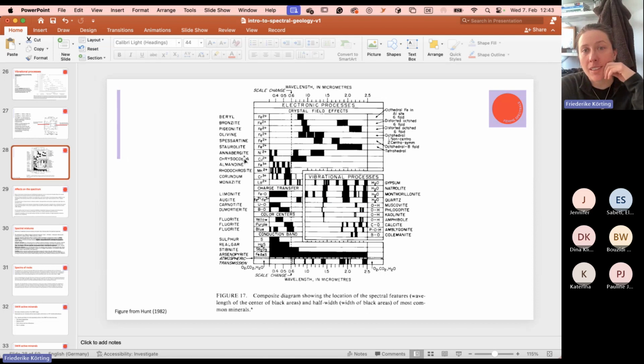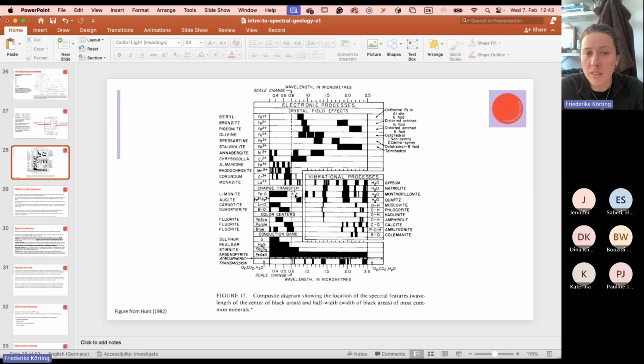Again, you could go into that in a lot of detail, but there's a couple of publications where I think the processes that cause absorption features are explained quite well, and one of them is from Hunt 1982. That has been used quite a bit since then, and it's still a really good way of showing how different features are being caused.